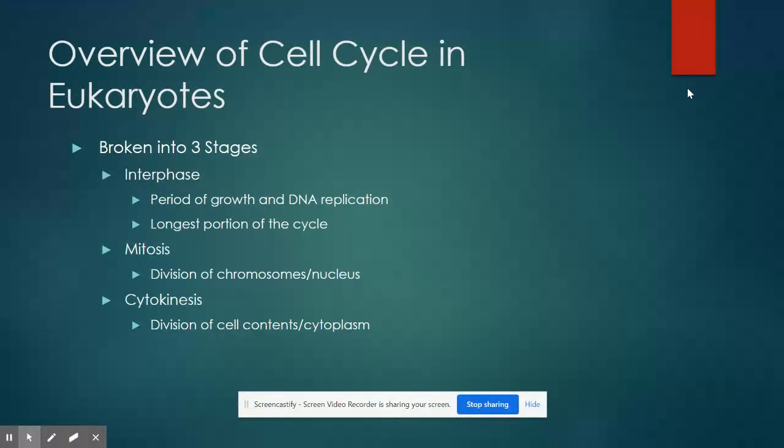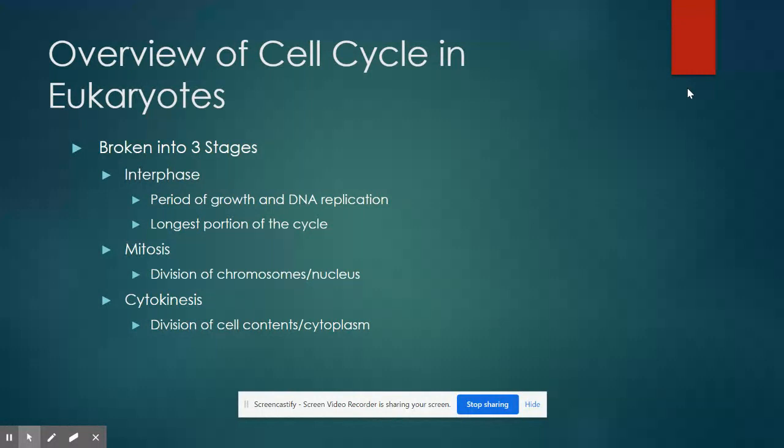So quickly, we're going to do an overview of the cell cycle. Again, this is in eukaryotes. And it is broken into three stages. We have interphase, and that is when the cell is not dividing. It's the longest portion of the cell cycle. It is the period of growth and DNA replication.